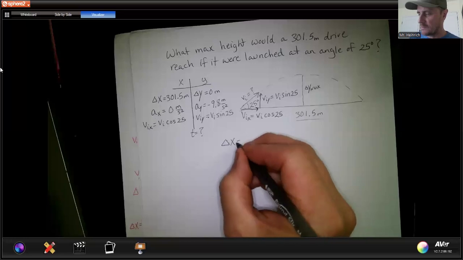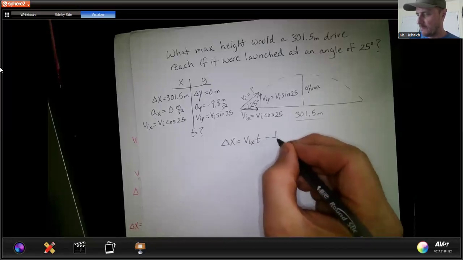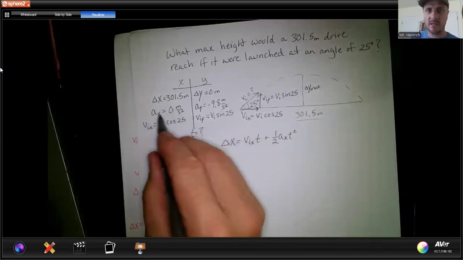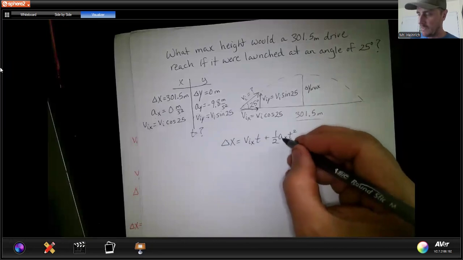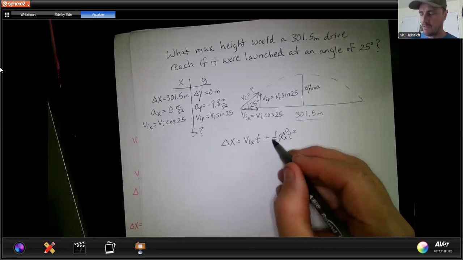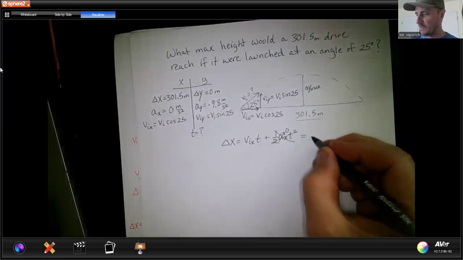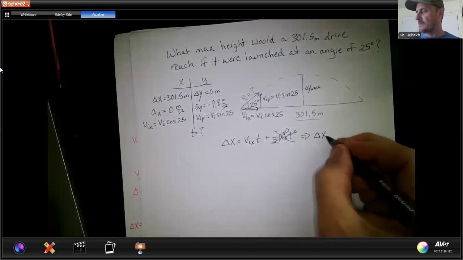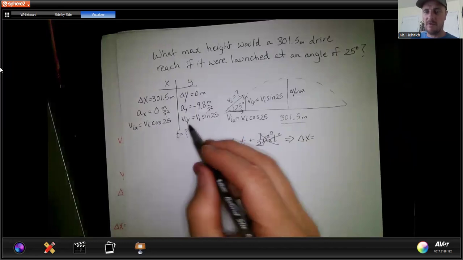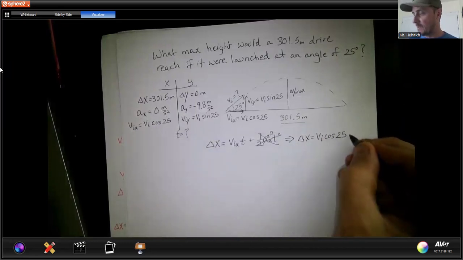Delta x, this is our second kinematic equation that you learned, written for the x-axis, and we know that since there's no acceleration in the x-axis, gravity does not act in the x-axis, that this is zero. Zero times anything times that half or times that t squared is zero. So we get the simplified expression that delta x equals, now I'm going to not write VIX, I'm going to write VI cosine 25 times time.